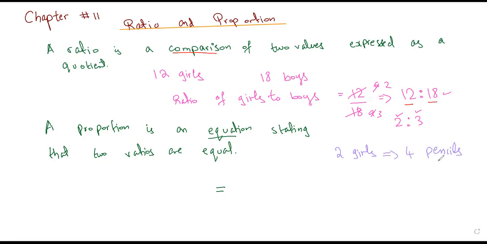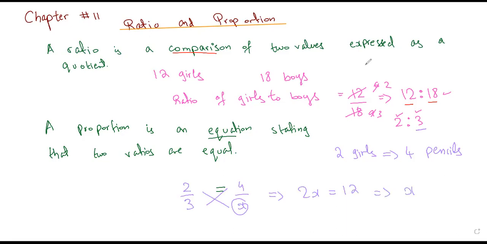And we are interested in finding out the number of pencils with boys. How do we do that? We will just equate ratios, okay? So we know that it is 2 ratio 3 and it would be 4 ratio x. We need to find this x. How do we find this x? By cross multiplication. This will give us 2x equals 12, that is x equals 6.